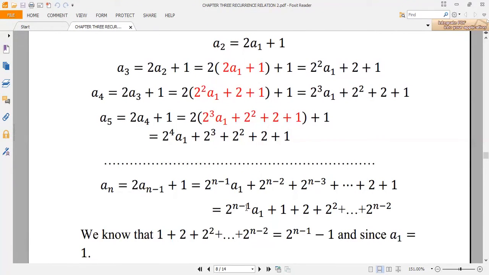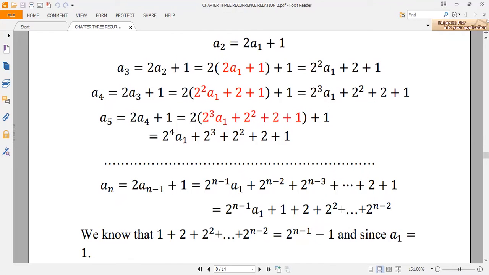So we can write this one in such a way, 2 to the power of n minus 1, a1 plus 1 plus 2 plus 2 to the power of 2 plus ... plus 2 to the power of n minus 2. And we know that 1 plus 2 plus 2 to the power of 2 plus ... plus 2 to the power of n minus 2, is equal to 2 to the power of n minus 1 minus 1, in basic mathematics for freshman university students.